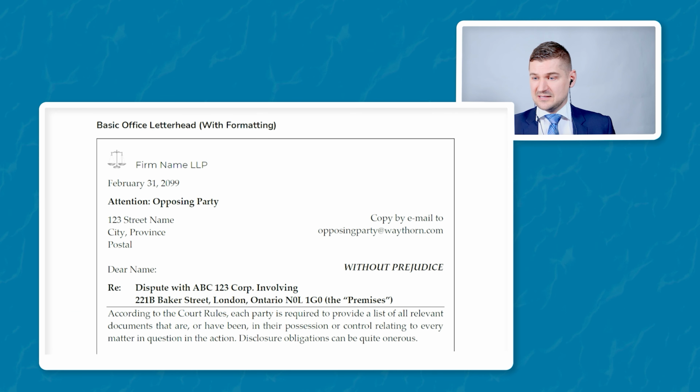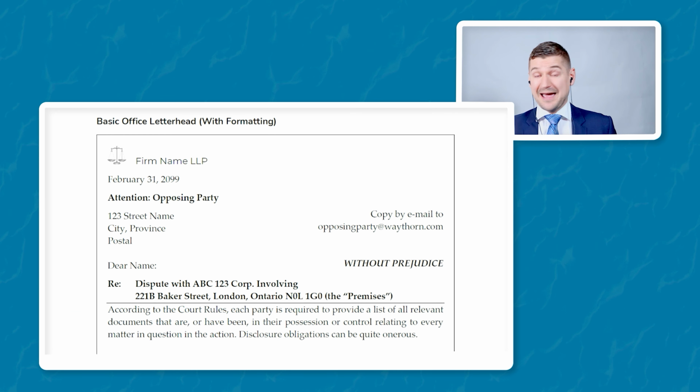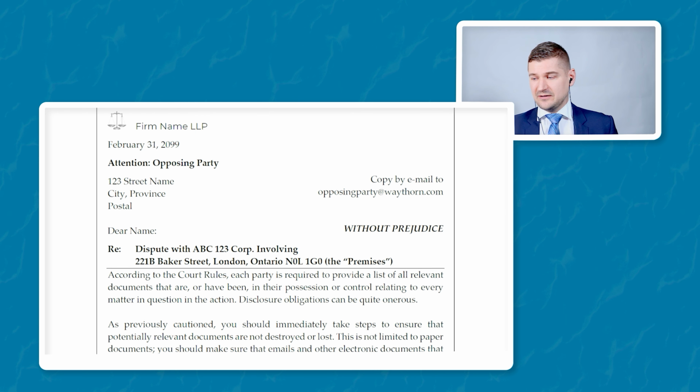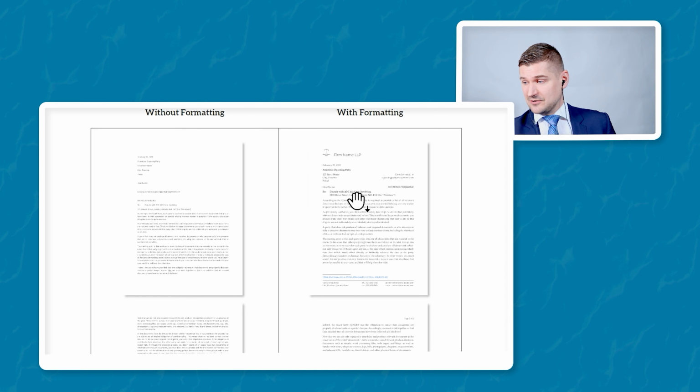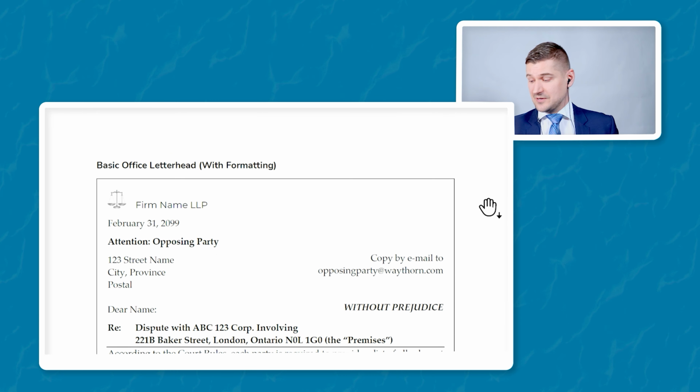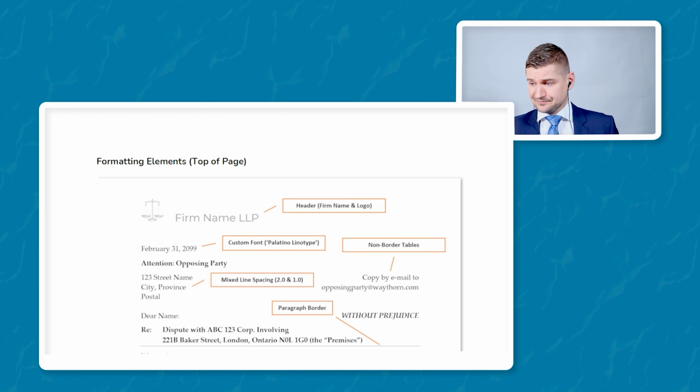So moving on, this is a letterhead that has formatting, and there's a lot going on here that we're going to talk about. But as you can see, it's night and day, the difference between this document and the document on the left, having the formatting done.